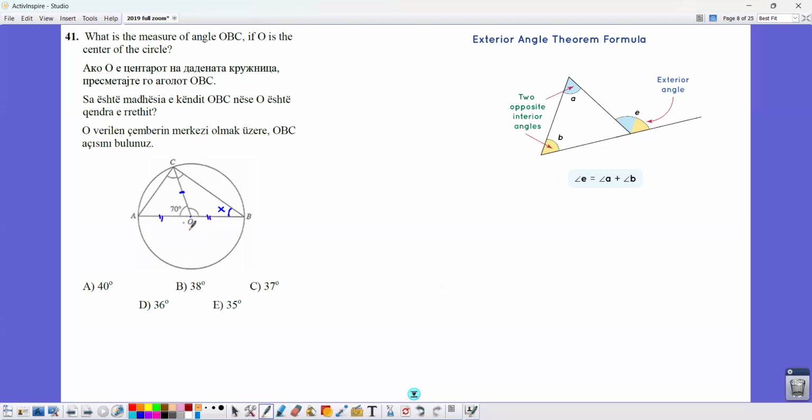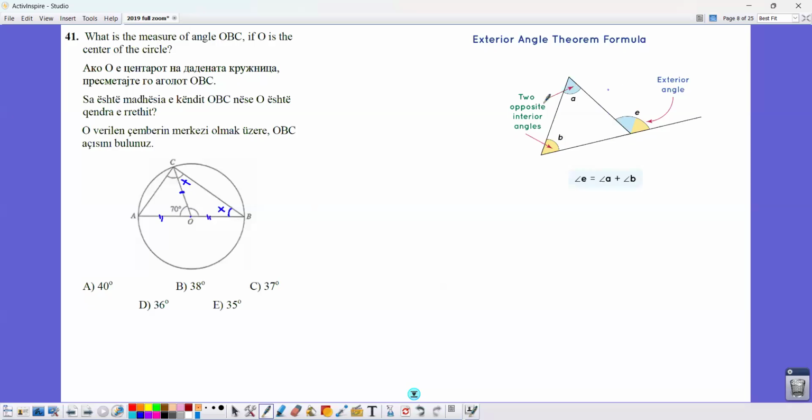Okay, so as you can see in the figure now, the triangle COB is an isosceles triangle. Two sides are equal. If two sides are equal, also two angles will be equal. So if this is X, also this one will be X. Then, if you remember this formula that sum of two opposite interior angles will give you one exterior angle.